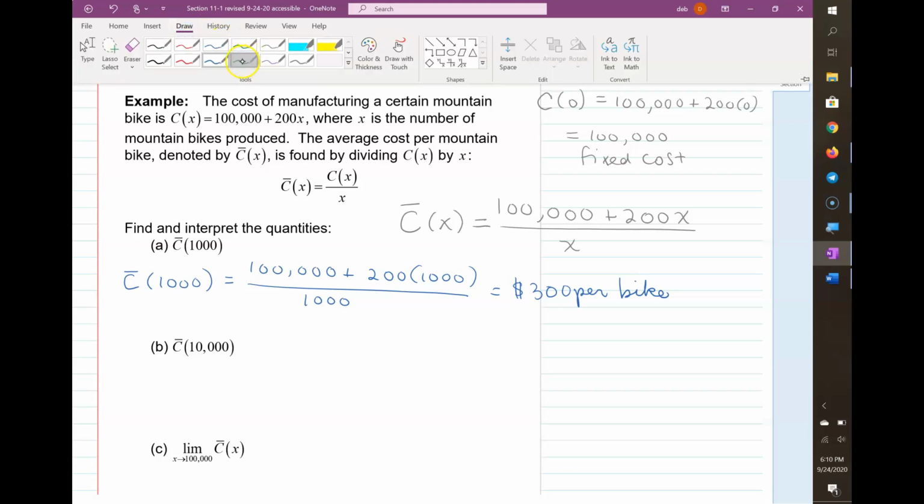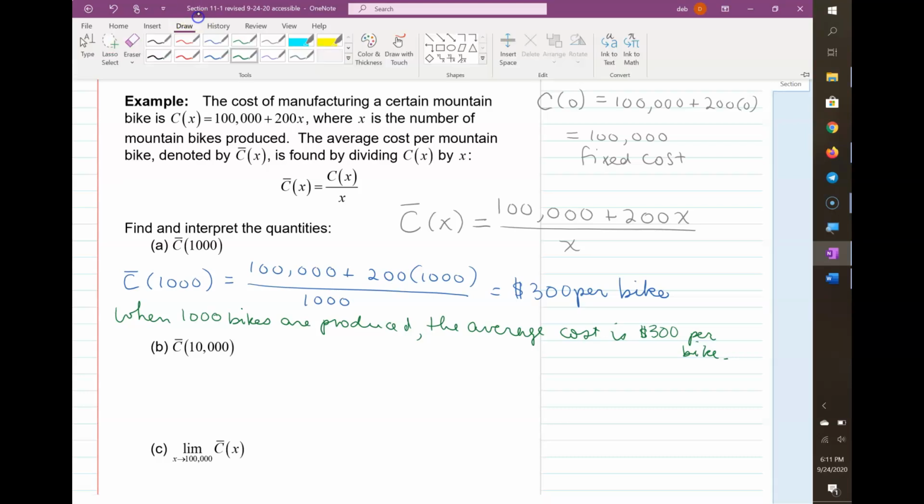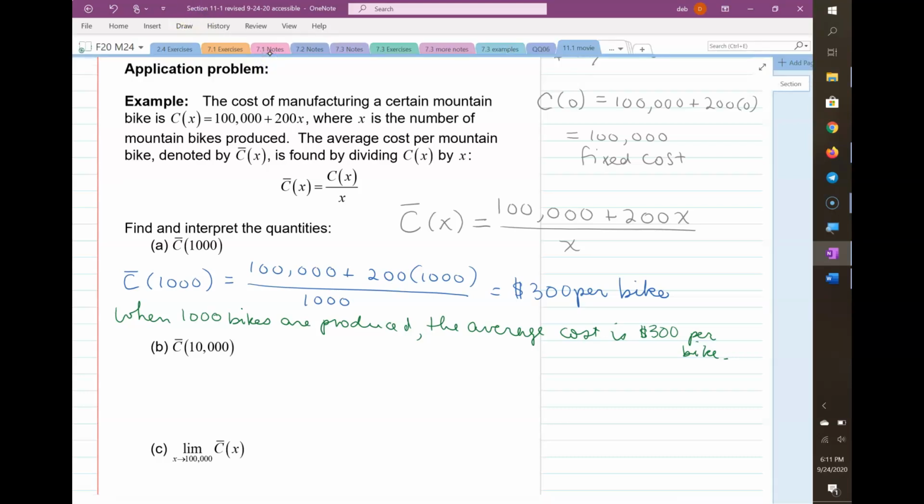So that says when 1,000 bikes are produced, the average cost is $300 per bike. That's the interpret part: make sense of the number.